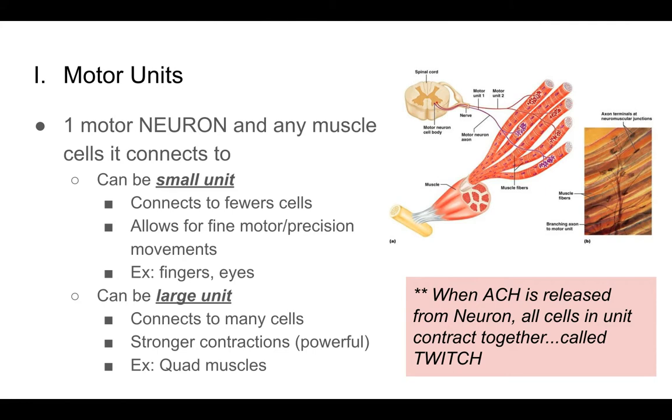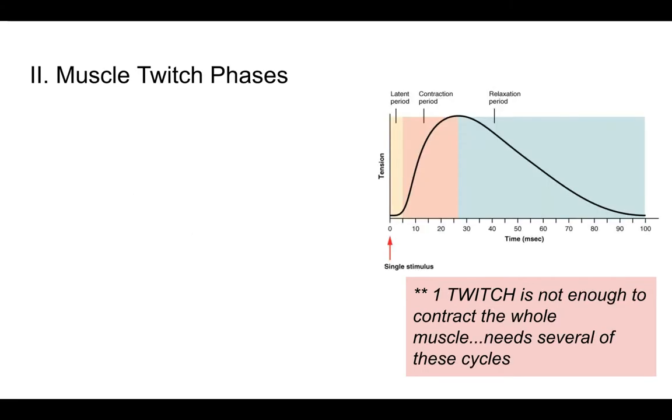So essentially, I'm summing up here, motor units are one nerve and then any muscle cells that nerve is going to synapse with or connect with and release ACH onto. When the neuron releases the ACH, all of the muscle cells within that unit contract together. And there can be large units and small units, each of which have their own particular function.